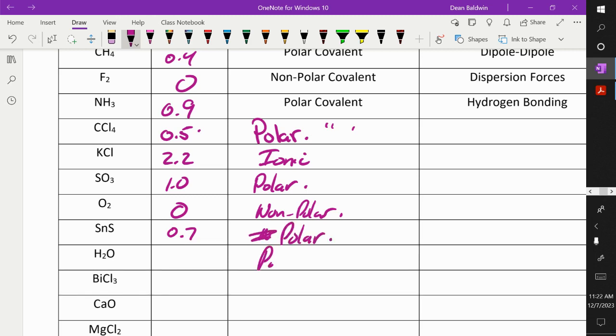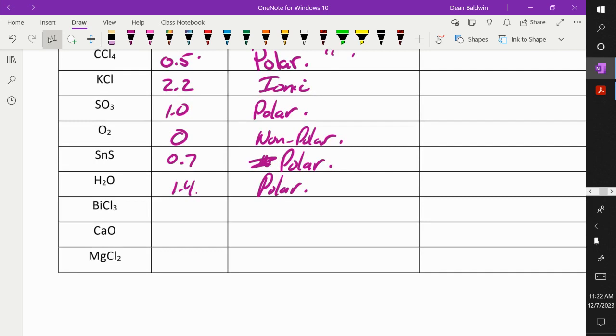H2O, I can tell you it's going to be polar. What's the charge separation? 1.4? Bismuth chloride, 1.4? Oh, 1.1, which is polar. Calcium oxide, 2.5, which is going to be ionic. And magnesium chloride, 1.8, which would be ionic, but it's pretty close to being not.